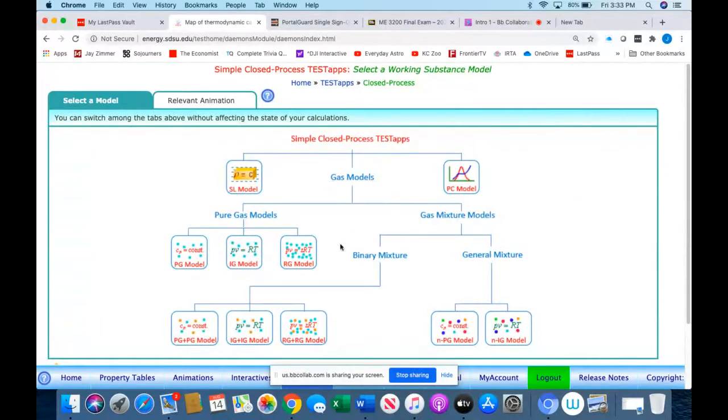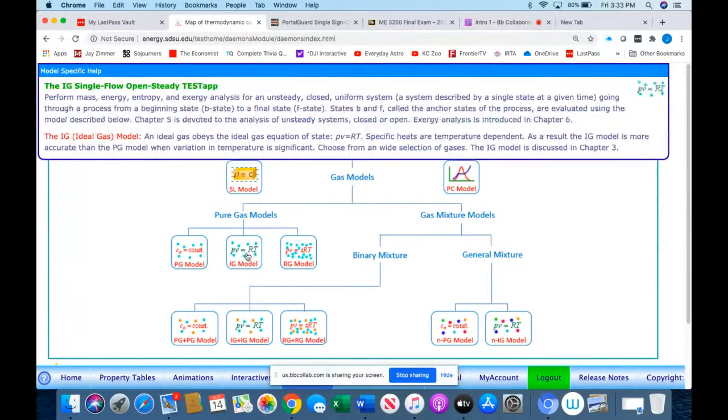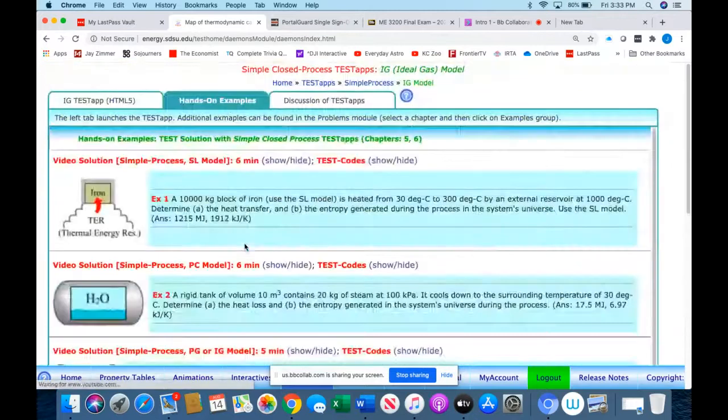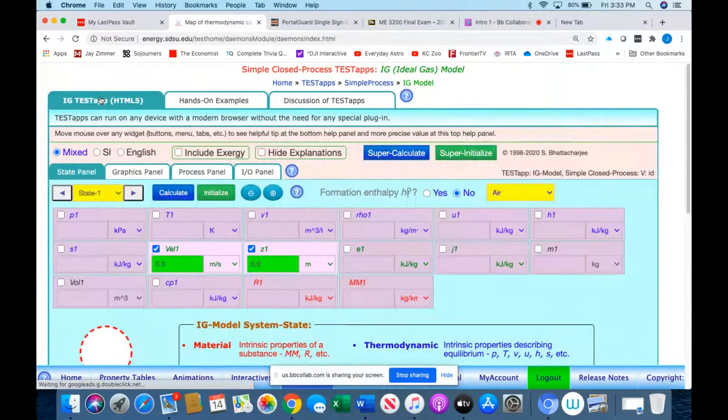And like I said, we're going to select just an ideal gas as our substance. Now, the one thing we know about an ideal gas is that the internal energy is typically only a function of temperature, a slight function of pressure, but in our case, for an ideal gas, we will assume it's only a function of temperature. So for our first state, as we go from state 1 to state 2, the mass is 5 kilograms.